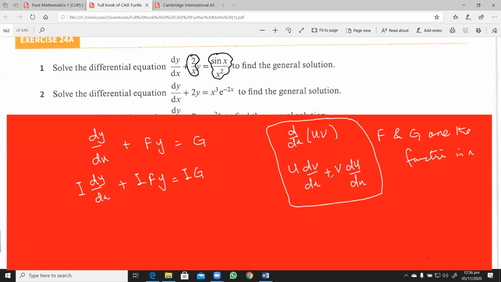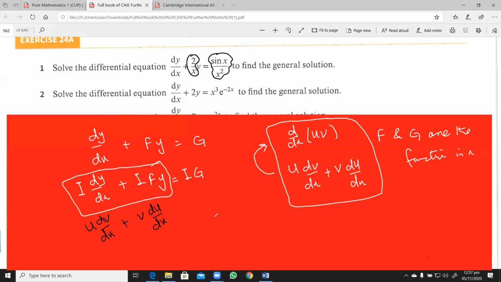Now we want to write this sum into a product form like this, so this is the sum that we want to convert into a product. So we'll compare these two terms over here with these two terms. I'm just going to write this under this, so I'll be writing this as u dv by dx plus v du by dx.